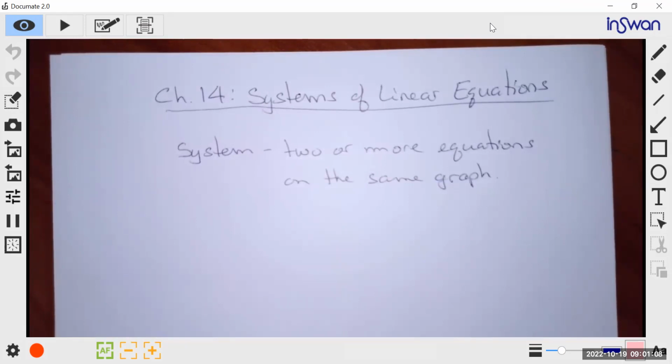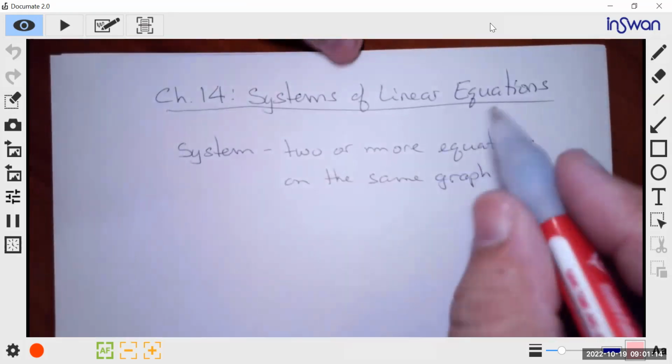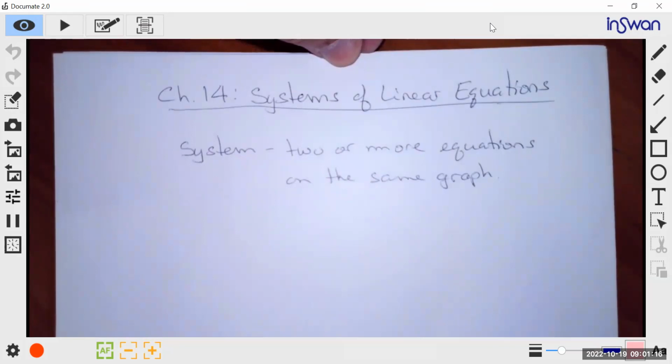So when we say system, we're talking about two or more. We're going to limit ours to only two equations, because we're dealing with linear equations.